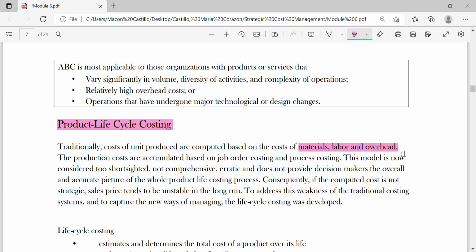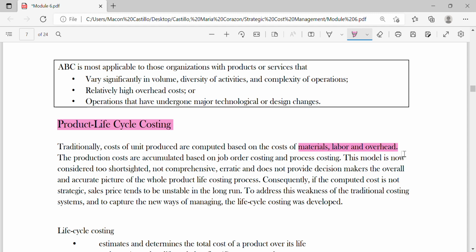Remember when we were discussing the reasons why we need to compute for the product cost? We have mentioned three important reasons why computing the product cost is important. It is necessary for reporting purposes. It is necessary for controlling purposes.